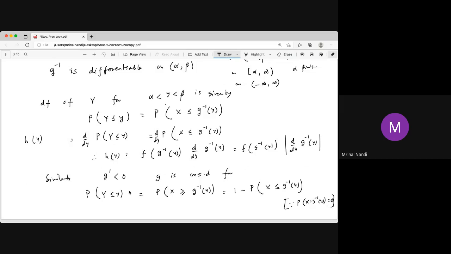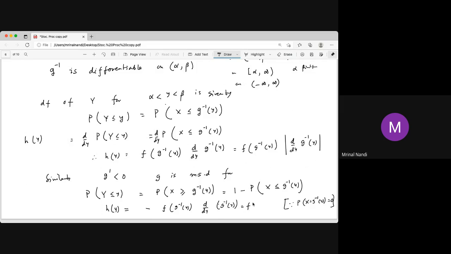So again, if you differentiate this, the left hand side is h(y) and the right hand side is just minus f of g inverse y, and the derivative of that by the chain rule, the derivative of g inverse y. Now we can put the mod value of that.